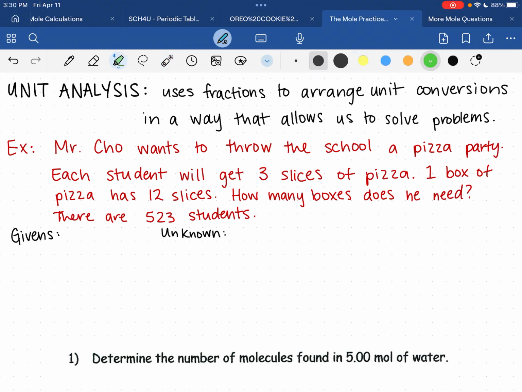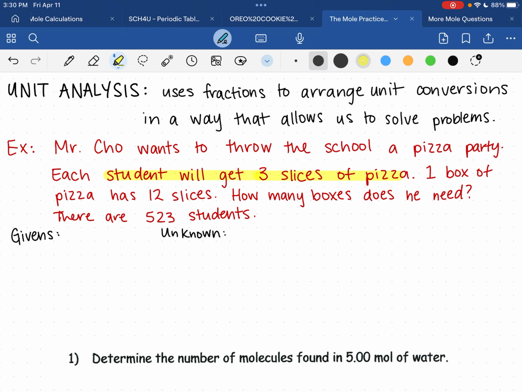So we're going to highlight all of the important information here. So all the important information is information that has a number associated with it. So the first one that we have here is there's 3 slices of pizza per student. So each student gets 3 slices of pizza.